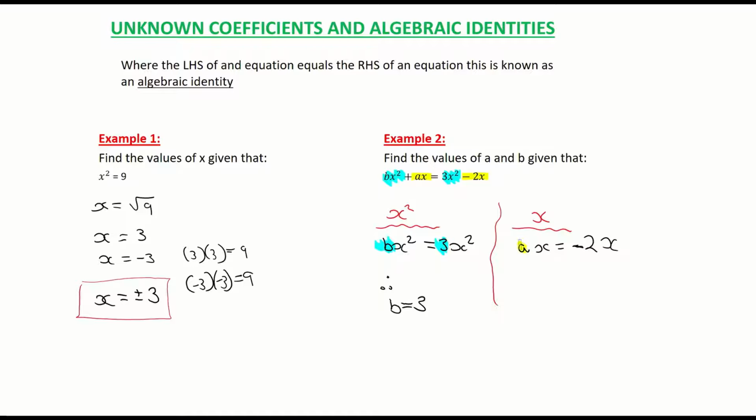The coefficient of the x is a and negative 2. So therefore, a must equal negative 2. So there are two basic examples of using algebraic identities. So you're trying to find those unknown coefficients, the value of the number or the letter in front of the x. So let's have a look at another example.